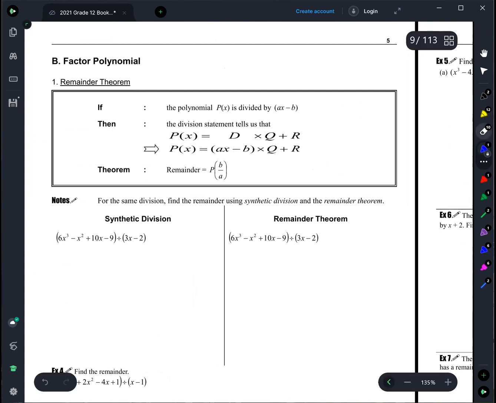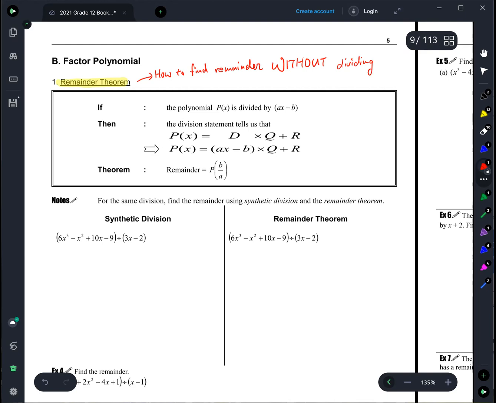The remainder theorem. This will tell us how to find the remainder without dividing.